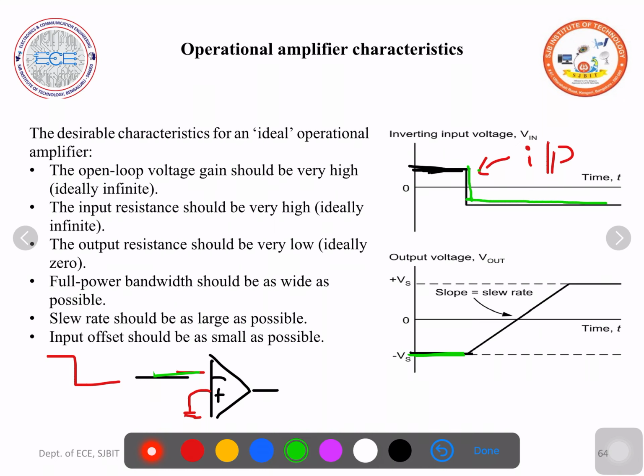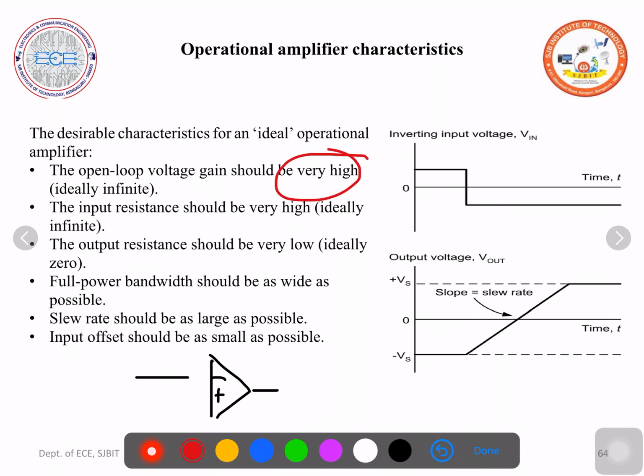See, this has got inverted because we have applied it to the inverting input terminal. Here the output we expect to fall here itself, but actually it takes some time. As the input is applied to the inverting terminal, we invert this, so it is going from negative to positive. I think this is clear. The slew rate is the rate of change of output voltage when a step input is applied.